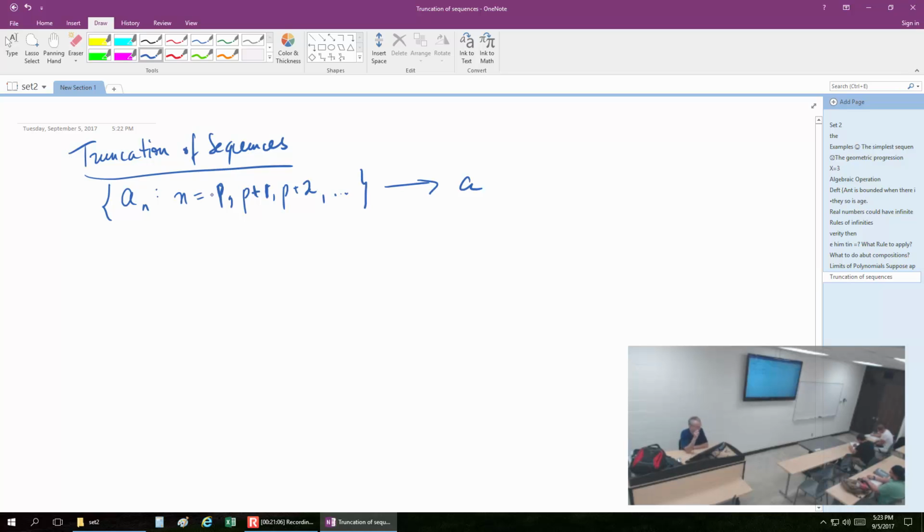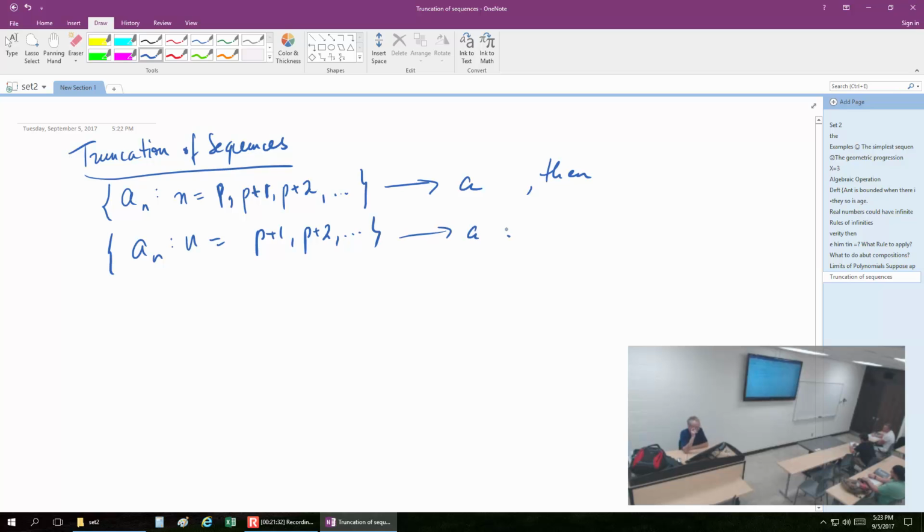This time I'm not starting with n equal 1, I'm starting with n equal p, and then from p I'm going on to the right. If the sequence converges, then for the sequence with a larger starting index, I will throw out the very first element of the sequence. So I'll start with p plus 1. That's truncation.